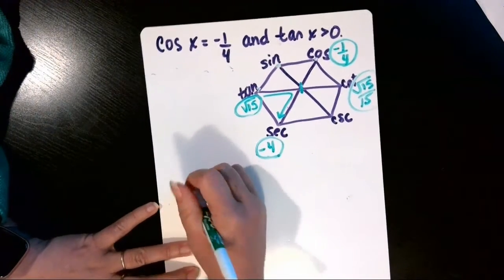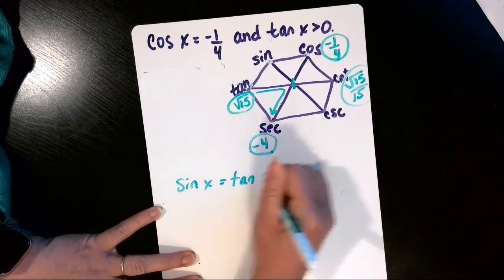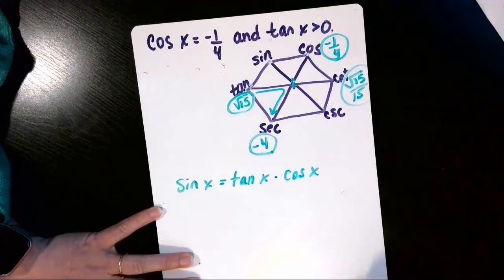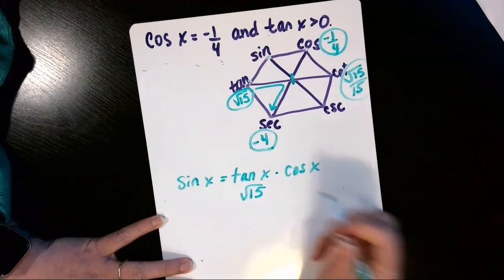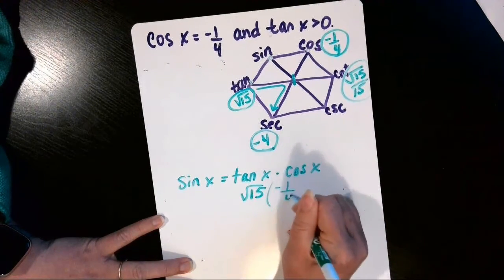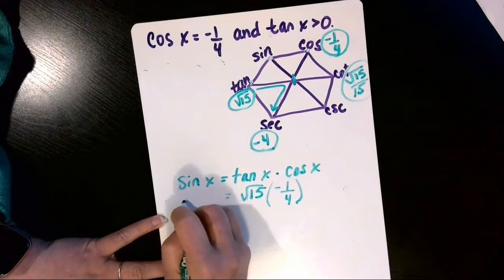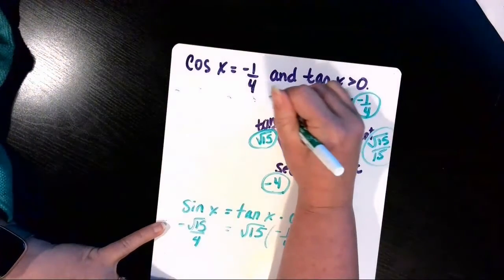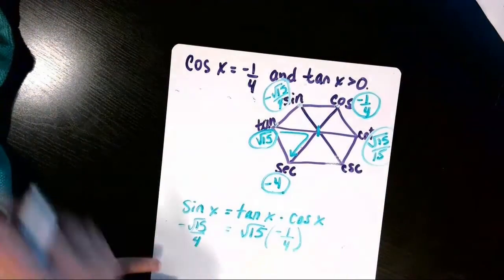So that means that the sine of x is equal to the product of the tangent times the cosine. And then we'll substitute in root 15 for our tangent, negative 1/4 for the cosine, and then when we multiply those together, we get negative square root of 15 over 4. And that would be the sine value.